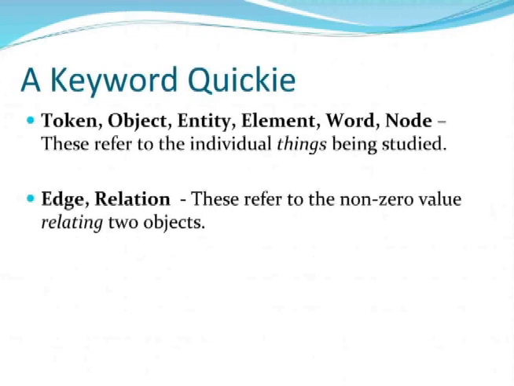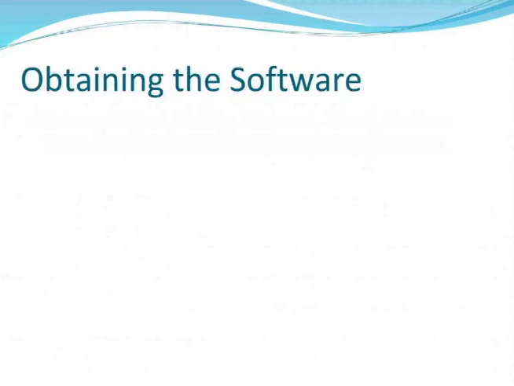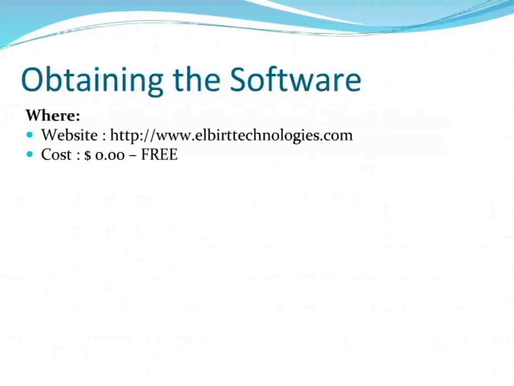Edge and relation: for those of you who know network analysis, which this software is mainly based around, we talk about the relationship among the objects, and we refer to the values as edges or relations. Finally, sets, systems, matrices: again, all different ways of referring to our data sets, and I will use them interchangeably.